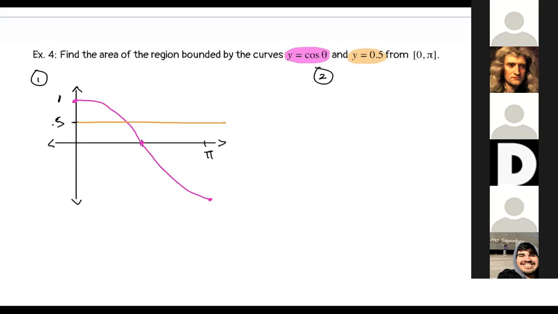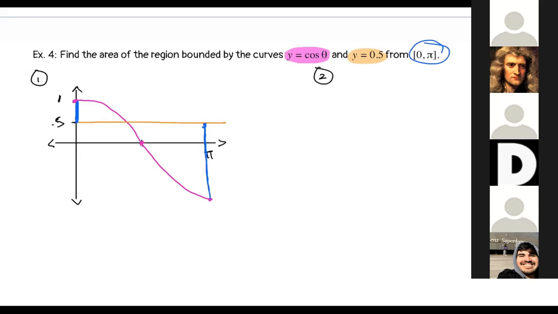Now, if we think about the bounds that they gave us, 0 to pi, that means I'm starting here and I'm actually ending right here. So I'm starting at 0, I'm ending at pi.